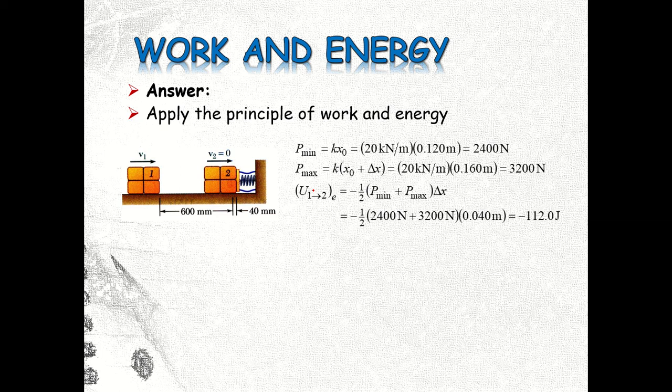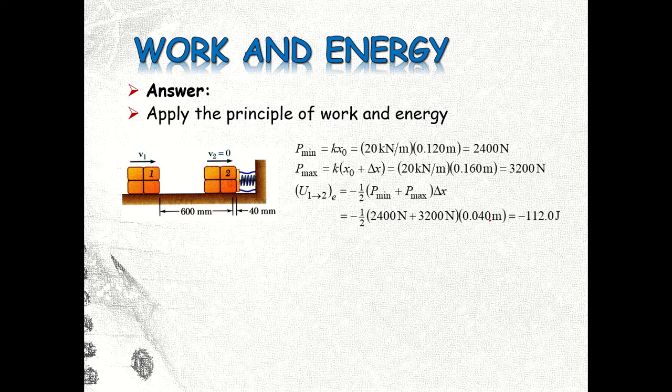Now the work due to this minimum and maximum force. When it involves a spring, we have this formula that this is equivalent to 1/2 times the minimum force plus the maximum force multiplied by the displacement. So substituting the resulting values, we have negative 1/2 times 2,400, this is the minimum, plus 3,200 Newton, this is the maximum.